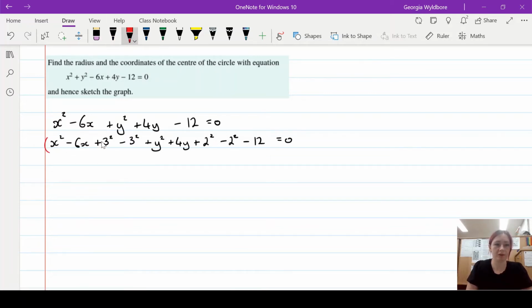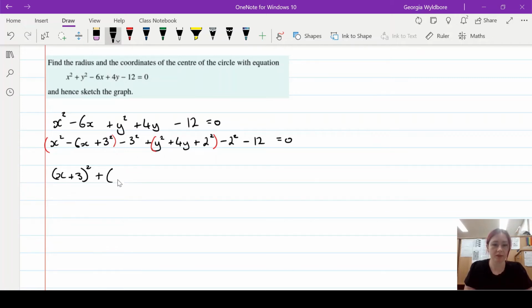We obviously now have 2 perfect squares here. So we'll factorize those to become x plus 3 squared. We're going to take this minus 3 squared, so we're going to take our constant terms over to the other side to make life a little bit easier, so we'll ignore that for now.